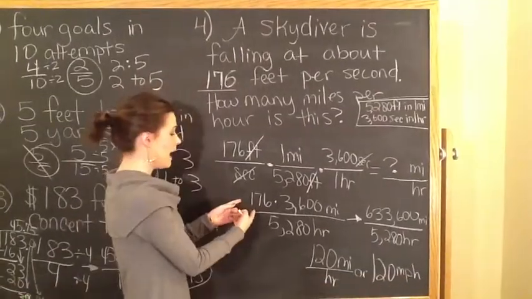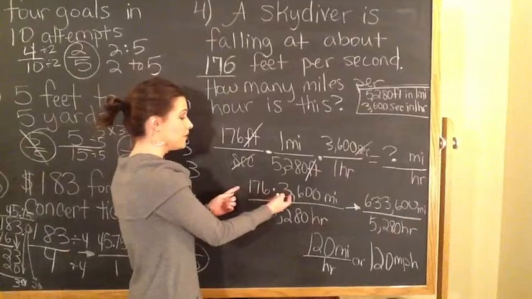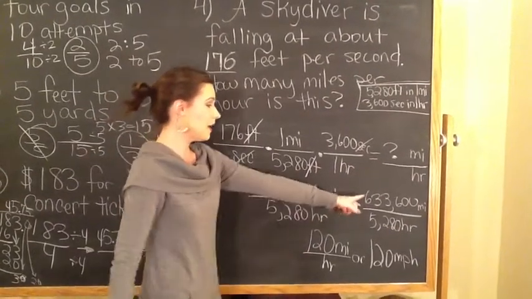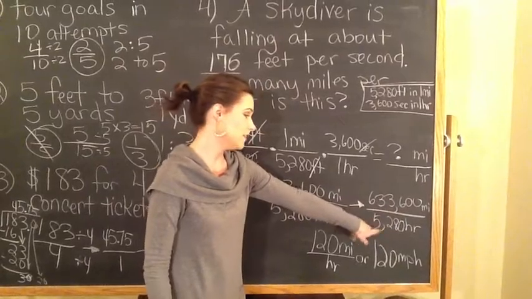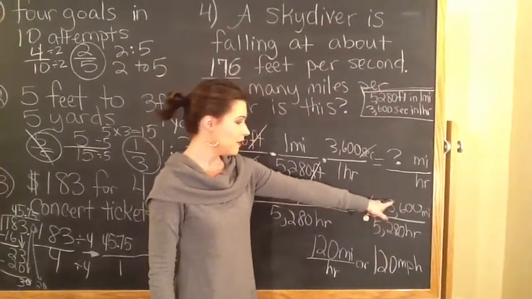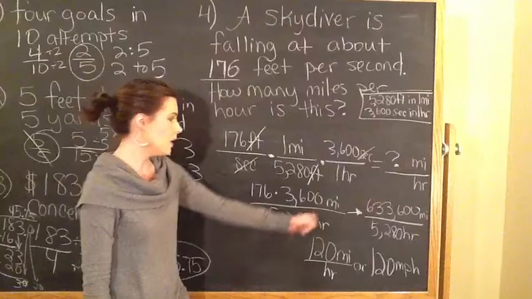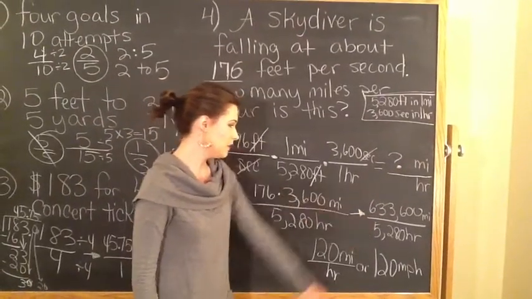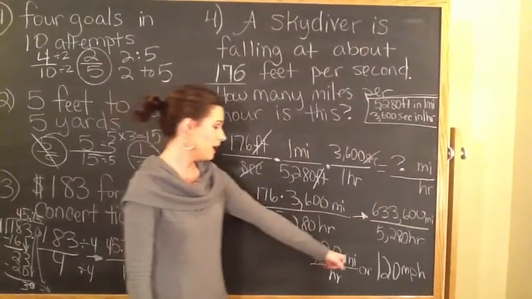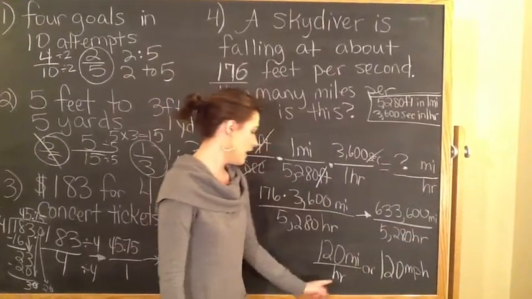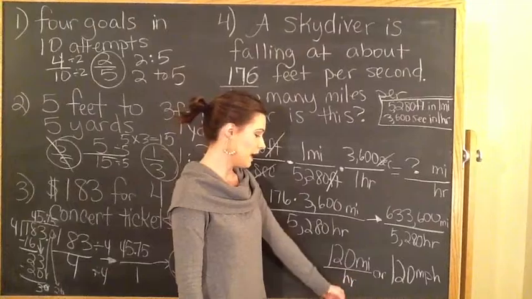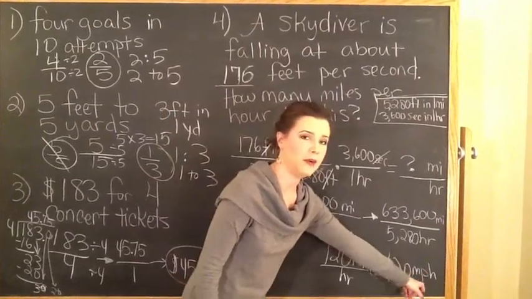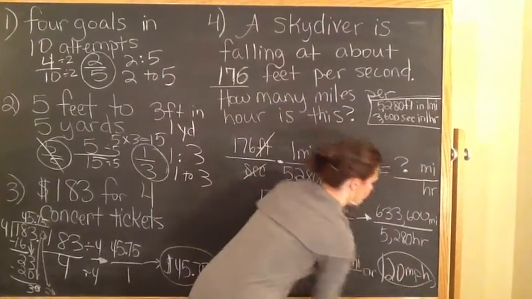Once you multiply 176 times 3,600, you're going to get 633,600 miles over 5,280 hours, okay? So then we need to go ahead and divide. Once you divide those two numbers, you're going to get 120, miles is still in the numerator and hours is still in the denominator. So this is 120 miles per hour, and that will be our final answer.